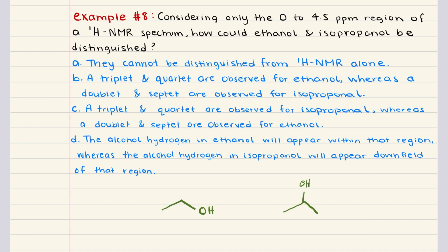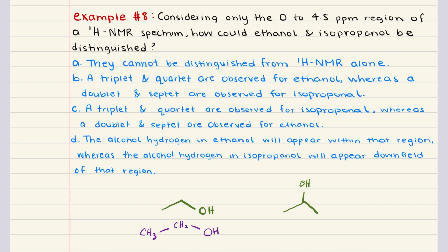First, let's think about ethanol. Ethanol has a methyl group, CH3, connected to a CH2 group that is then connected to our OH, or hydroxyl group.